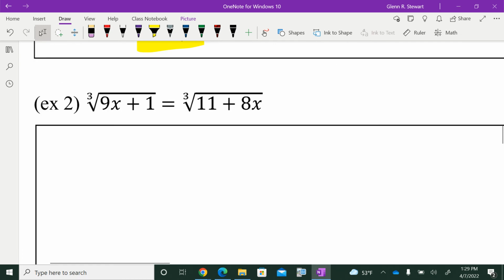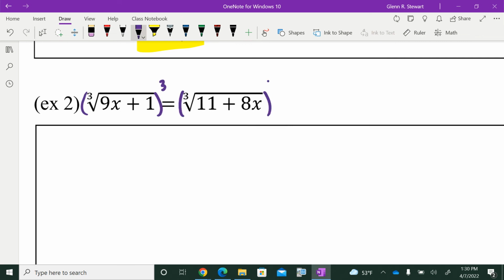If you look at example number 2, how could I start the problem? How could I eliminate the cube roots? Yeah, you cube it. How do you get rid of a cube root? Cube it.